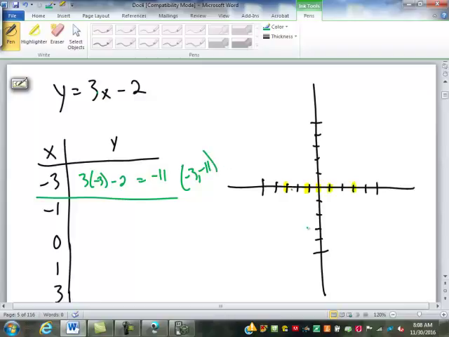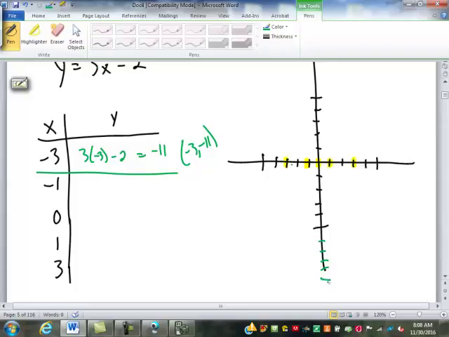So -3, that's 5, 6, 7, 8, 9, 10, 11, way down here. If x is -1, 3 times -1 minus 2 is -5. So it gives us -1, -5 as a coordinate. So -1, -5, somewhere in there.